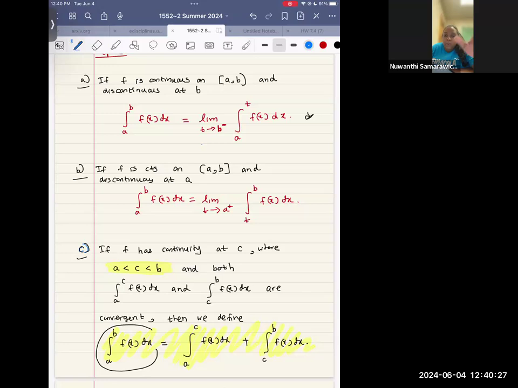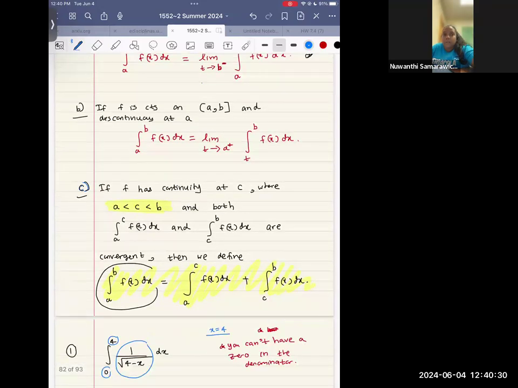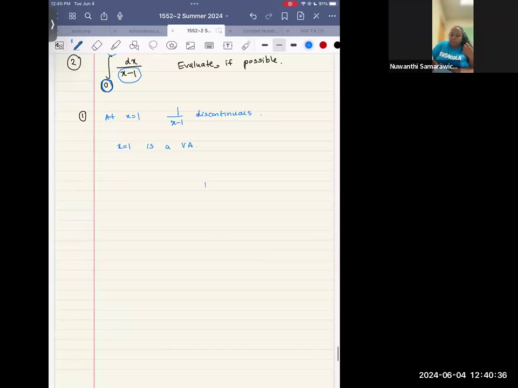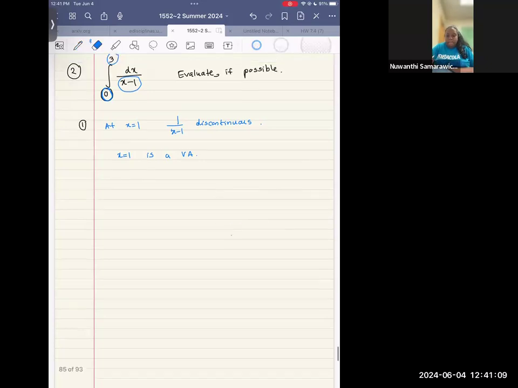If the denominators are more complicated, something like x cubed minus 3x, you have to factor it out and check at which x points the denominator becomes 0, and according to that, you find the integral. But let's do the simple ones first.